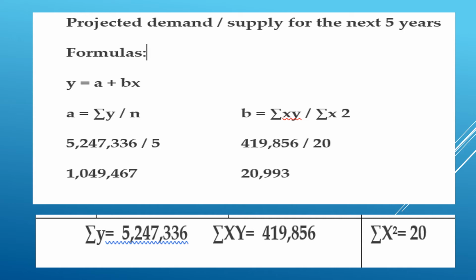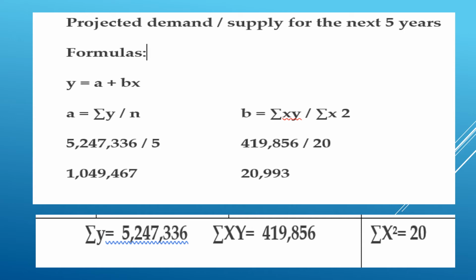Nilagay ko lang dito sa slide na to para makita ninyo kung saan nanggaling yung mga ilalagay natin in computing for A and B. So before we can compute for y, which is our projected number of households or projected population, projected number of schools, projected number of restaurants, projected number of teenagers, we still need to compute for A and B.